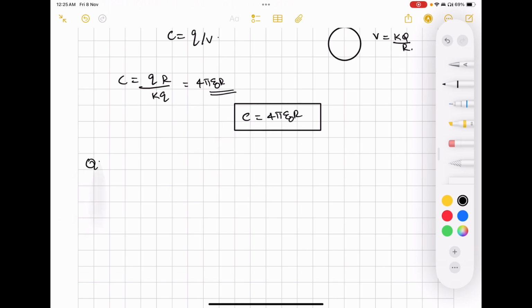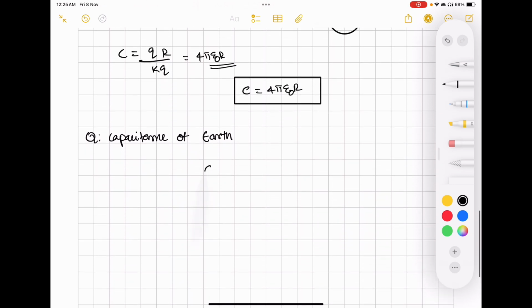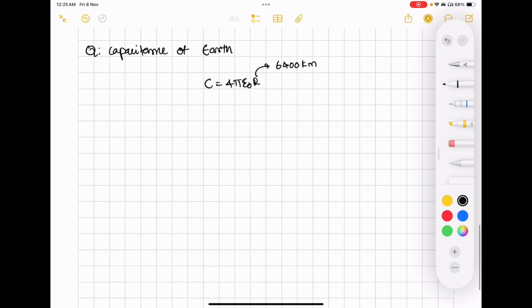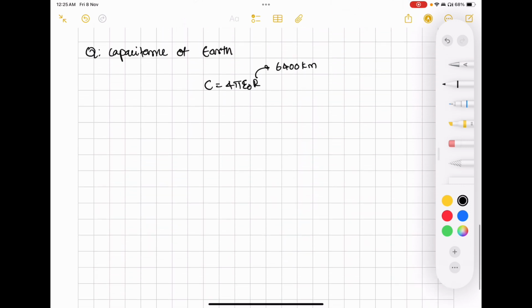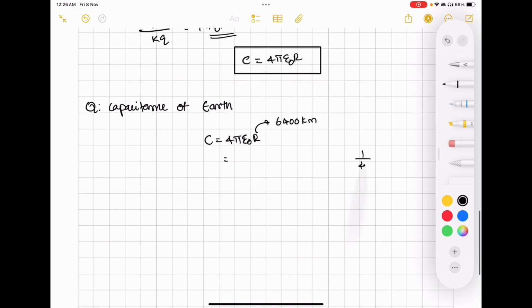So write down this question. What is the capacitance of Earth? We have the capacitance of a spherical conductor as C is equal to 4 pi epsilon 0 into R, and for Earth the radius R is equal to 6,400 kilometer. Substituting these values, we know that 1 by 4 pi epsilon 0 is 9 into 10 to the power 9.